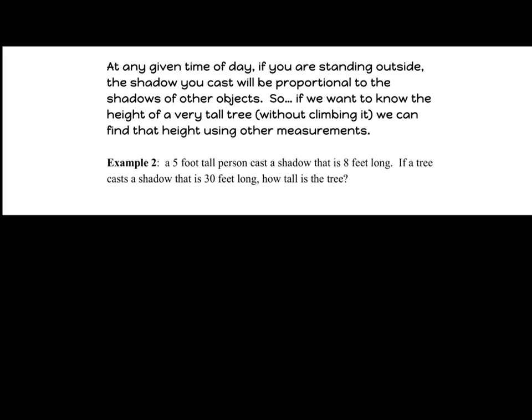Okay, so we have a 5 foot tall person, and I can't draw, so don't mind my illustrations. So we have a 5 foot tall person, and they cast a shadow that is 8 feet long.